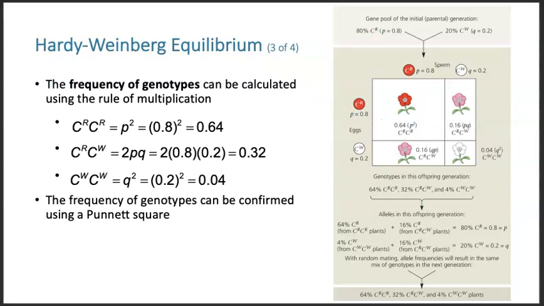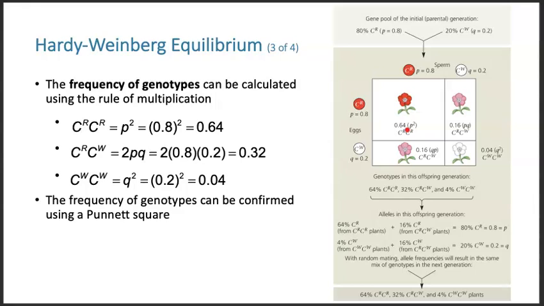alleles. We can actually use the concept of Punnett squares to figure out what the genotype frequency is going to be. We can predict the frequency of genotypes by using the rules of multiplication like we learned about for Punnett squares. So if your red allele is at 0.8, then your chance of having an offspring that's homozygous for red is going to be 0.8 times 0.8, right?